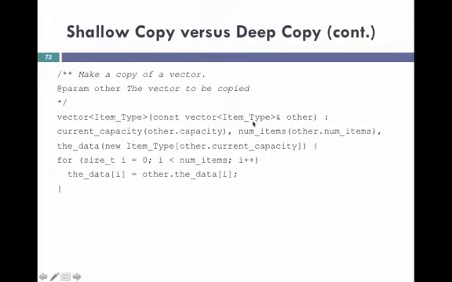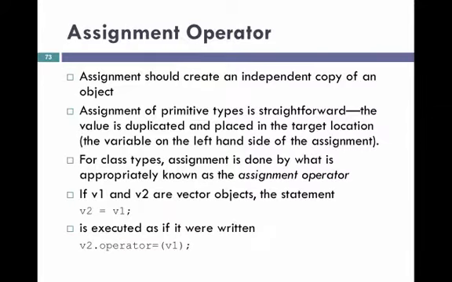You'll notice we pass in a reference to other, an instance of the vector class, then capacity and num_items will get copied. And here we'll allocate a new array that's the same size as the vector from which we're copying. And then we'll write a for loop to explicitly make a copy of all the items in the array. So with this vector's copy constructor, we'll now have two independent copies of the array.